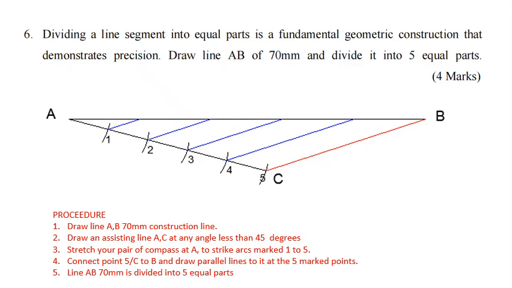It should be parallel. We can use our pair of compasses to continue drawing these other lines from those various points. And that will give us the division of that line AB into 5 equal parts.